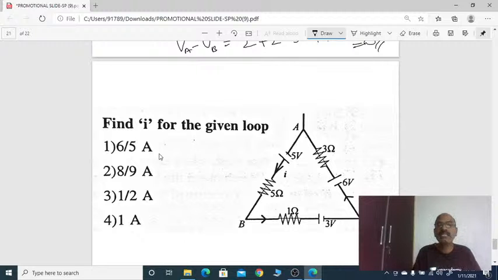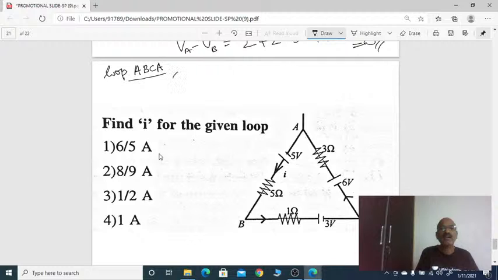Find the current in the given loop. This is a closed circuit. You take the loop A, B, C, A. Apply Kirchhoff's voltage law. Apply now, start from A in this direction. Starting from A, there is a rise in potential.